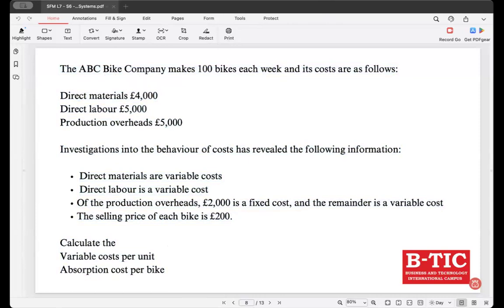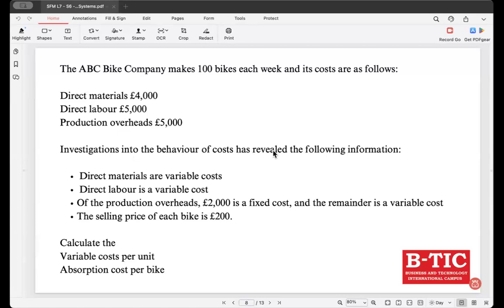The ABC company is giving you the information for 100 bikes. Direct materials, 4,000. Direct labor, 5,000. Production overheads, 5,000.